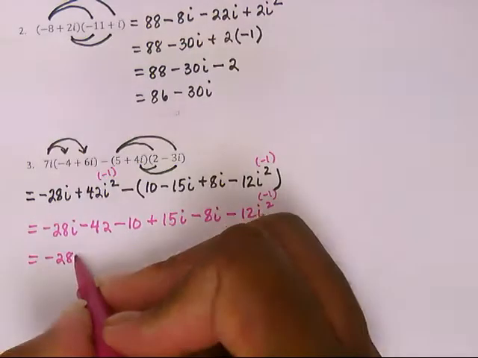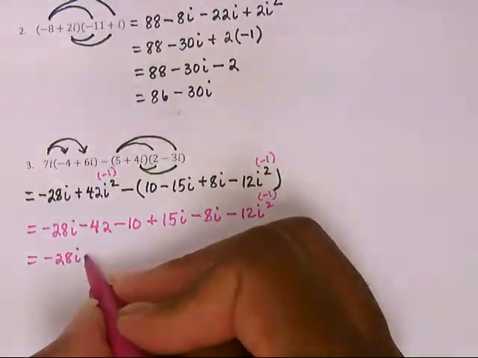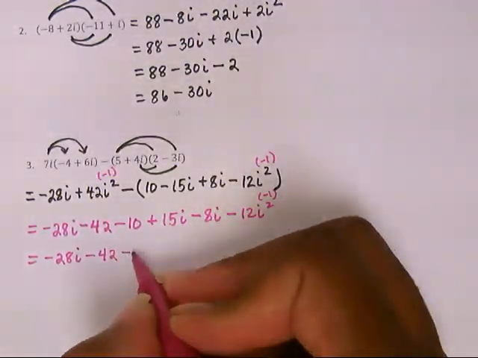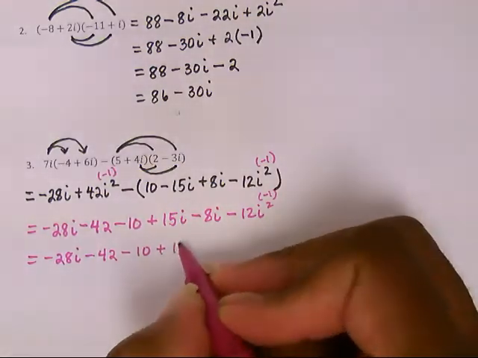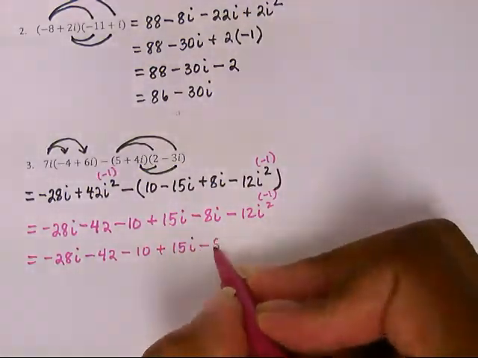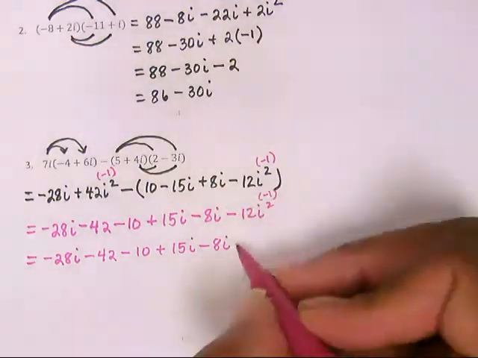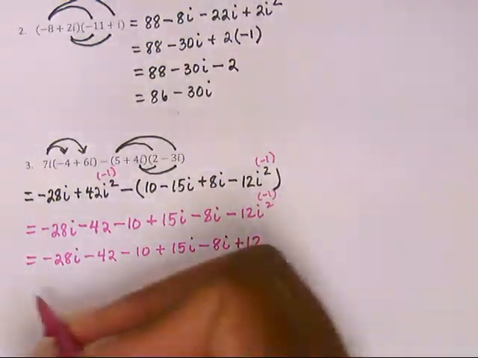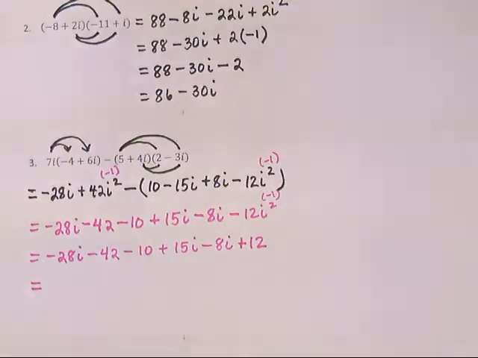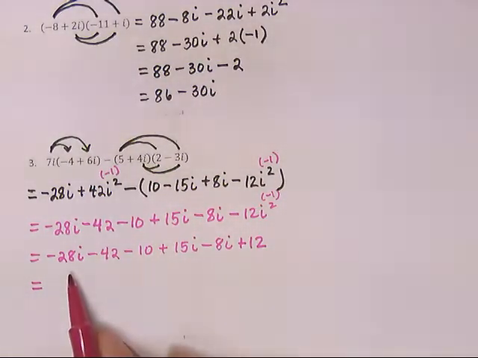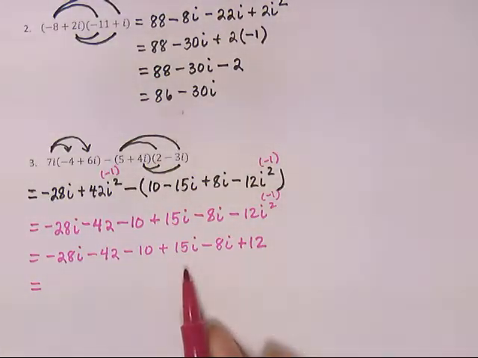So I'm going to bring the rest of this down, negative 28i minus 42 minus 10 plus 15i minus 8i. And then that negative 1 will make the minus 12 a plus 12. And now I can go ahead and combine like terms here. Negative 28i plus 15i will give me a negative 13i.